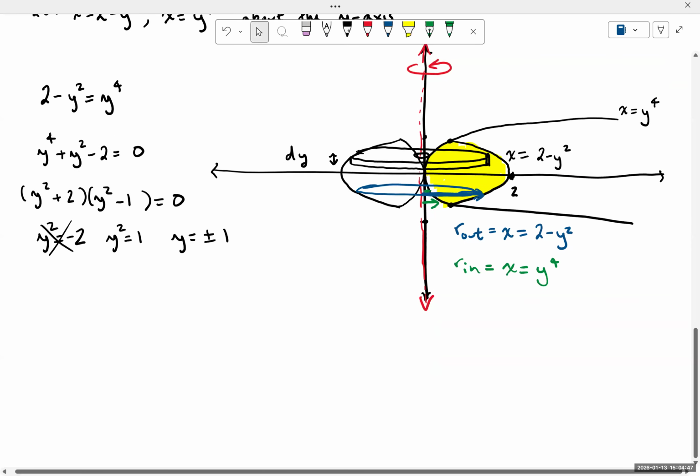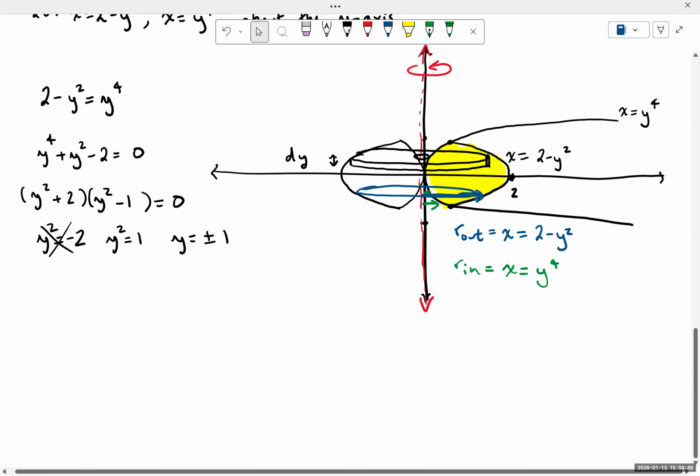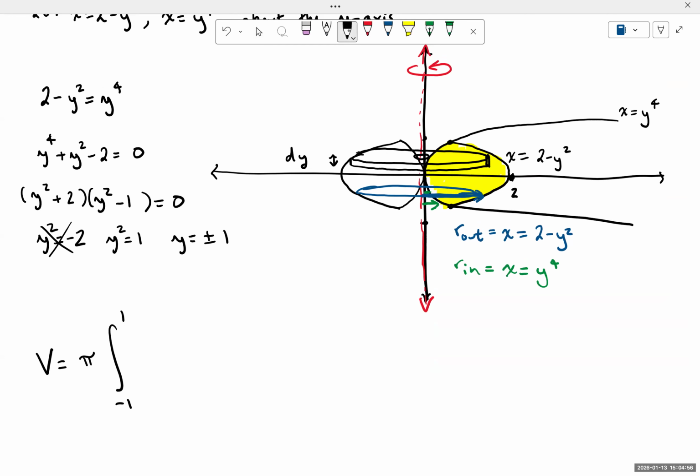So what I'll eventually get from my volume integral is pi times the integral from minus 1 to 1 of the outer radius, 2 minus y squared, squared, minus the inner radius, y to the fourth, squared, all over dy. And yes, if you want, you can use symmetry to do 2 times the integral from 0 to 1.